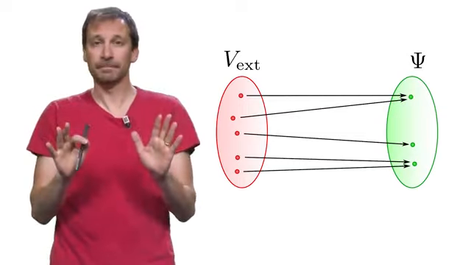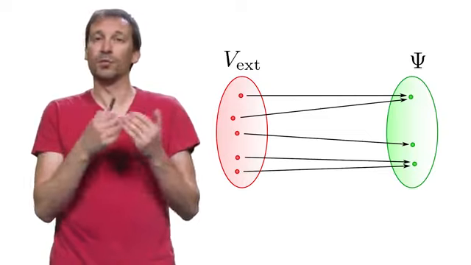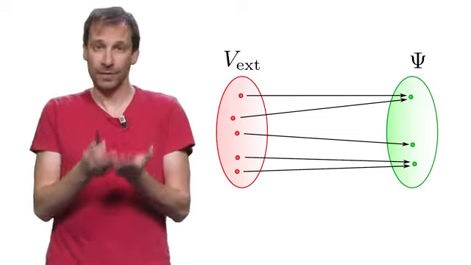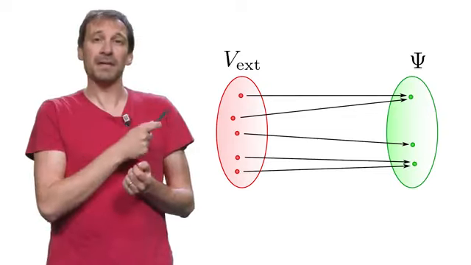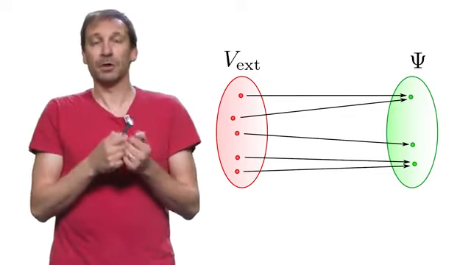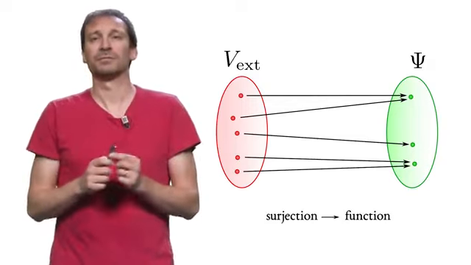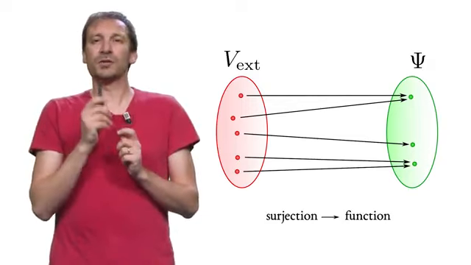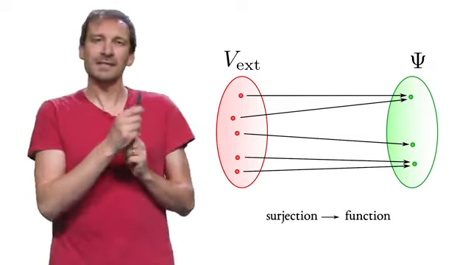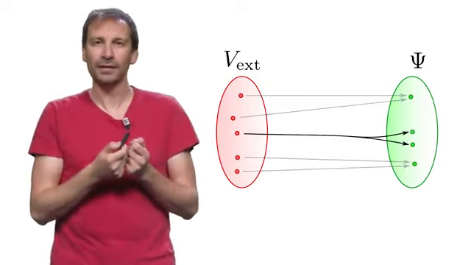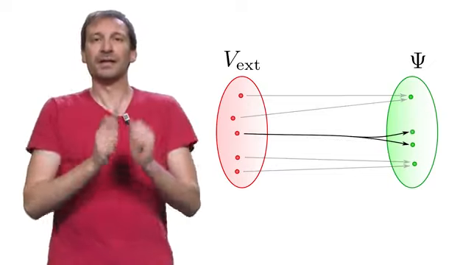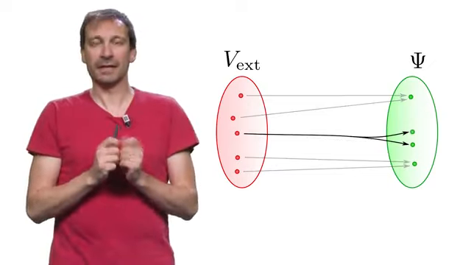We cannot say, but certainly we obtain one and only one ground state wave function. So we can at least say that this mapping is a function, because it is a surjection. What we are excluding here is the situation in which you diagonalize a given Hamiltonian and obtain two ground state wave functions. Clearly not possible.